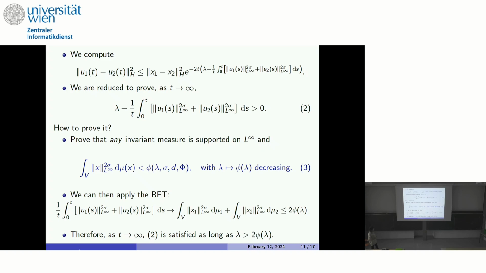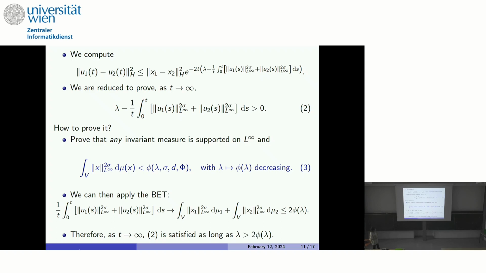Okay? So we prove that this integral is finite, and we actually prove that we can bound it in terms of a function that depends on the parameter of the equation, and in particular we have a nice dependence with respect to lambda because we have a decreasing dependence.